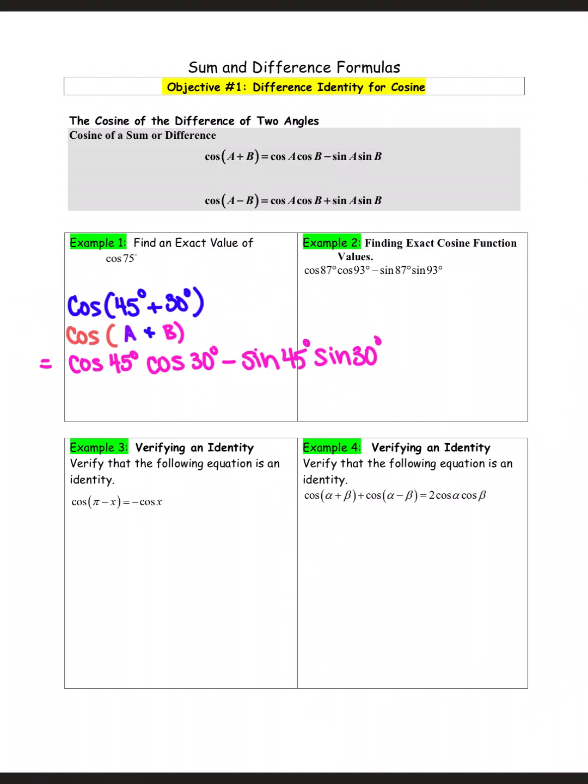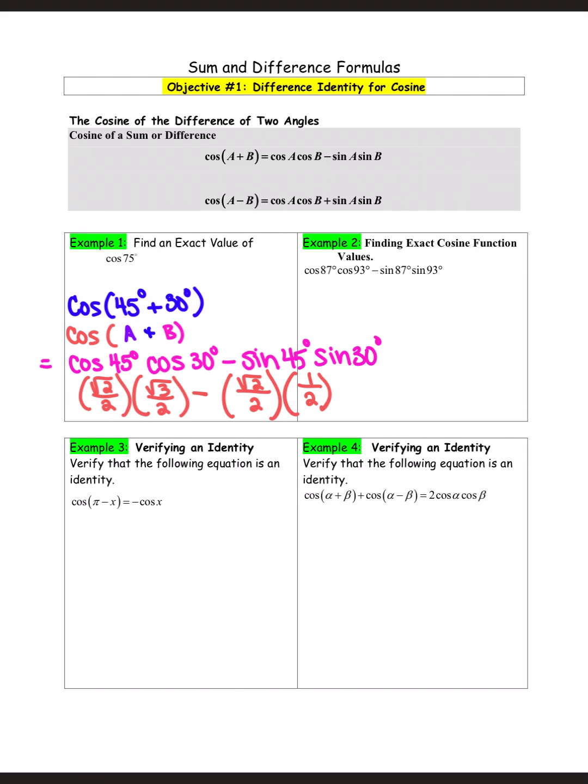So we know cosine of 45 is square root of 2 over 2 times cosine of 30 degrees is square root of 3 over 2 minus sine of 45 is square root of 2 over 2. And sine of 30 is 1/2.